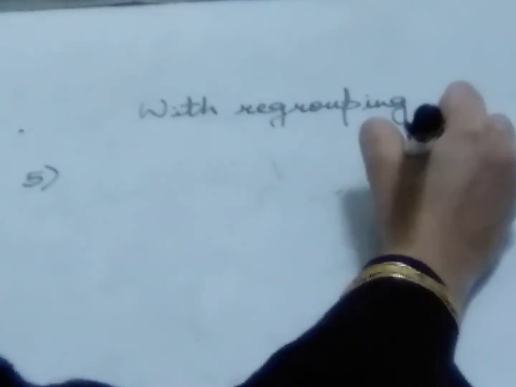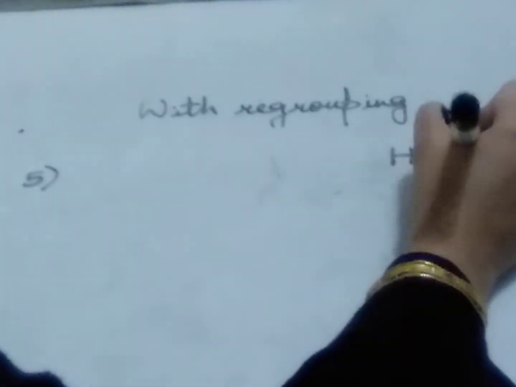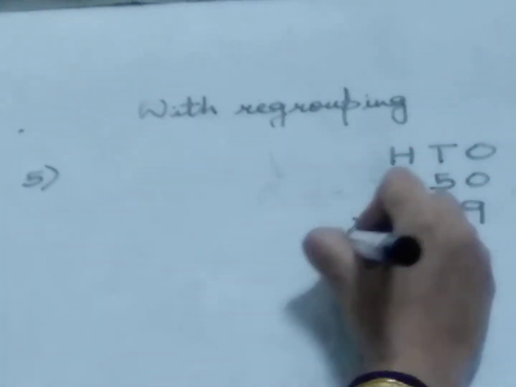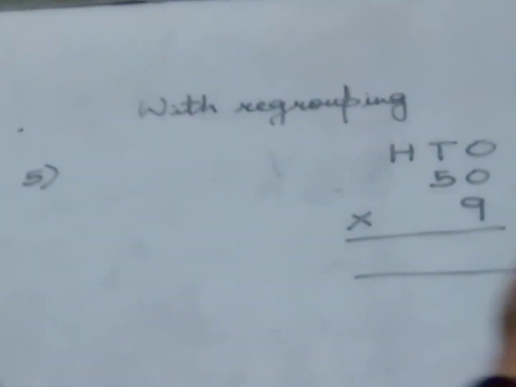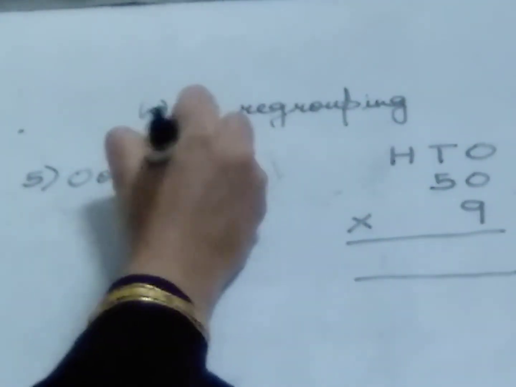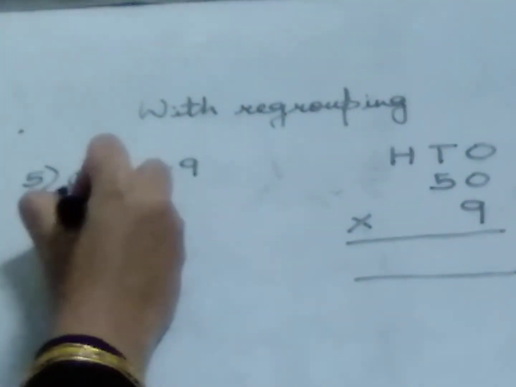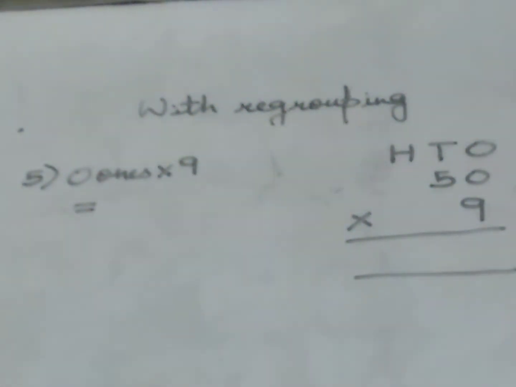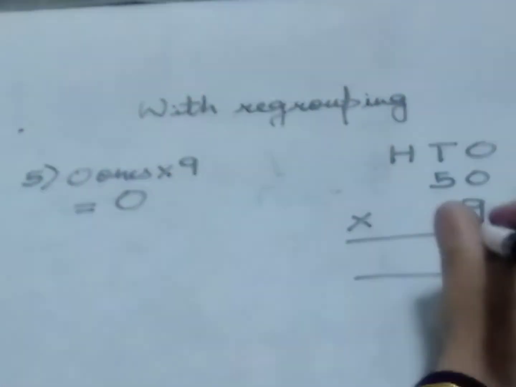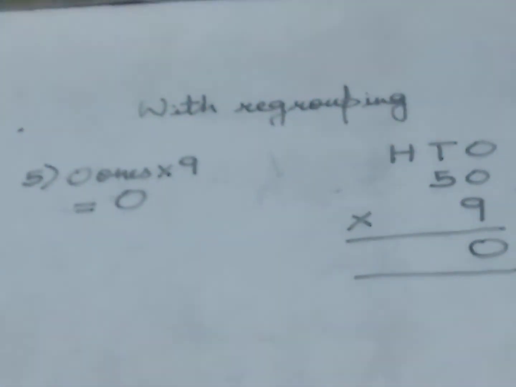Next question is 50 multiplied by 9. Multiply the ones first, which is 0 ones multiplied by 9. When any number is multiplied by 0, the result is 0. So write this 0 in the ones column.